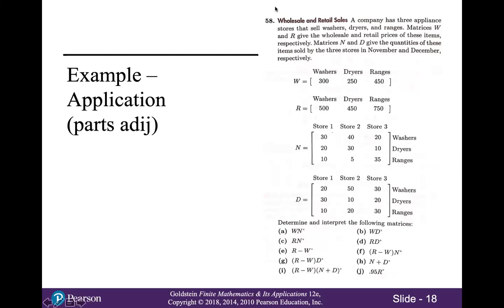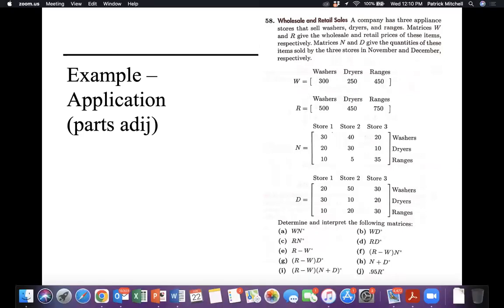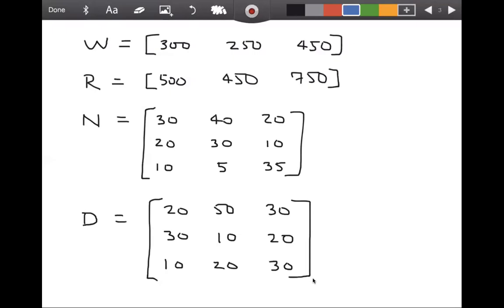So let me switch over to the tablet. And here are those matrices again. So I'm just going to write myself a little note to remind myself that this stands for washers, dryers, and ranges.